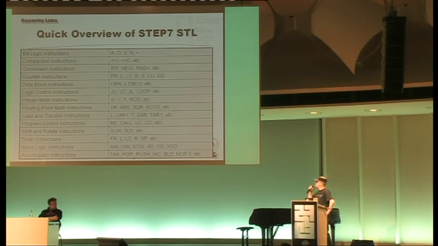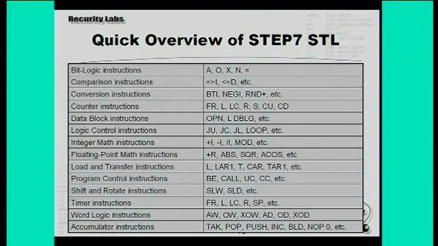Logic control, conditional jumping, integer math, floating point, loading and transfer, which is needed a lot because you only have one register. Shift, timer, word logic, and the accumulator instructions. So there's quite a lot to cover.